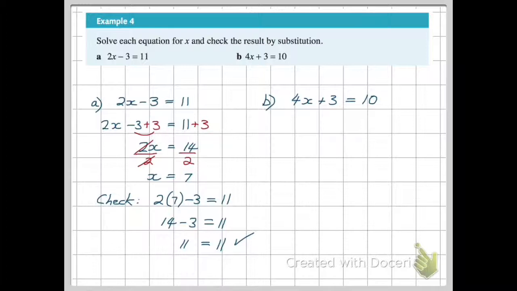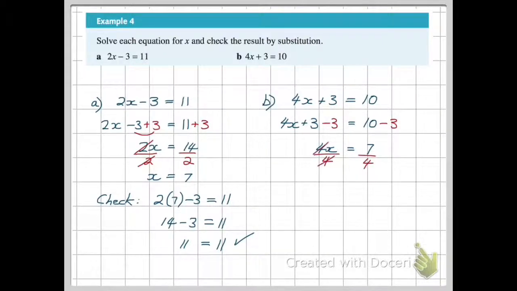Example B, 4x plus 3 equals 10. We're going to do add and subtract before we do multiply and divide. So we're going to make the plus 3 disappear by doing take 3 from both sides. 3 take 3 is 0. So on the left we now have 4x, and on the right 10 minus 3 is 7. And in the second step we're going to divide by 4.